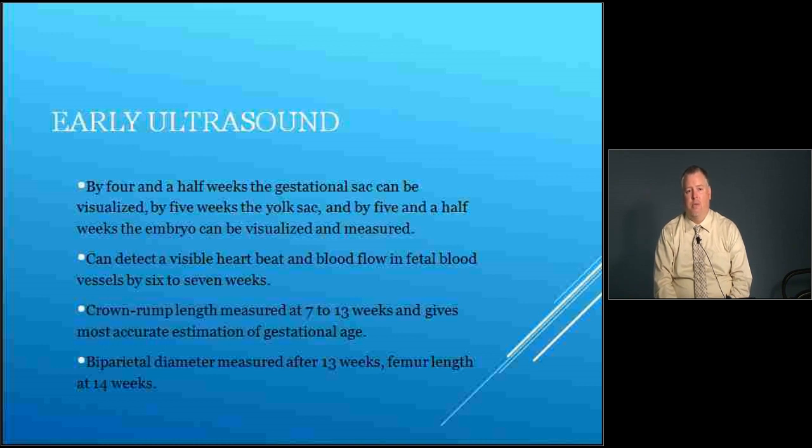By 6 to 7 weeks, you're able to actually detect fetal heartbeat and blood flow in the fetal blood vessels. A fetal crown rump length measurement done between 7 and 13 weeks gestation gives us the most accurate estimation of gestational age. We also will do biparietal diameters after 13 weeks and femur length at 14 weeks.